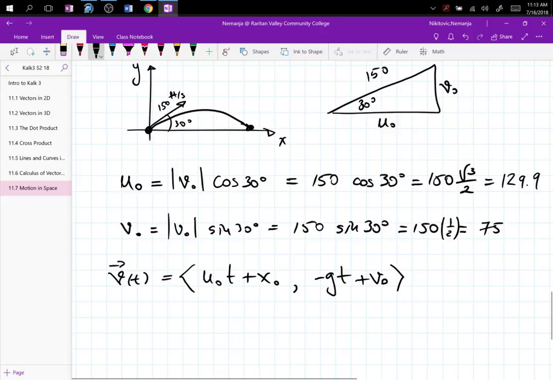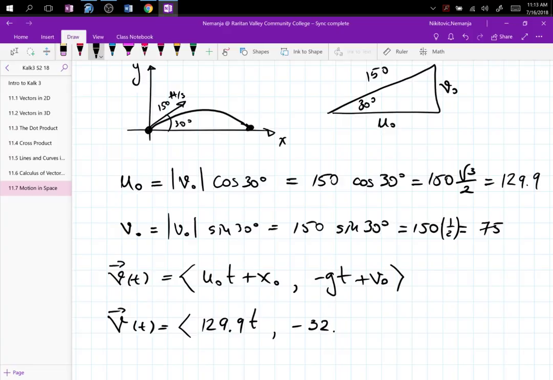And we have these values. So velocity vector is given as u0 times t. That's going to be 129.9 times t. And then negative 32.2t plus 75. Plus 75. There we go.